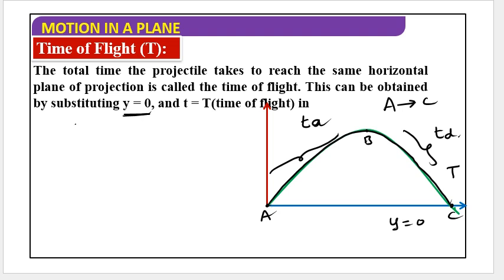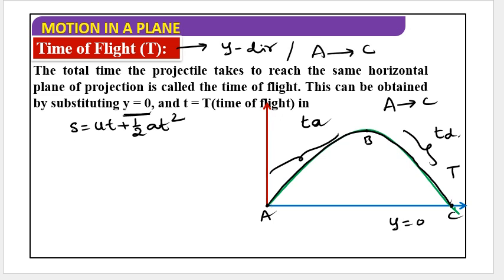So use the second equation of motion, that is s equal to ut plus half a t square. Here, for time of flight, motion is considered in the y direction and motion is from A to C. So sy, uy, ay. Sy means the y coordinate. Uy means, as we already know, the initial velocity along the y direction, that is u sin theta.